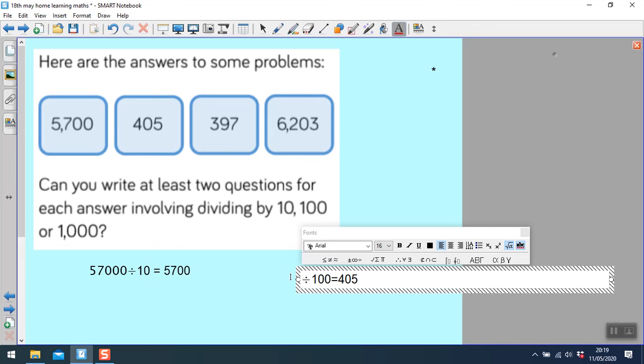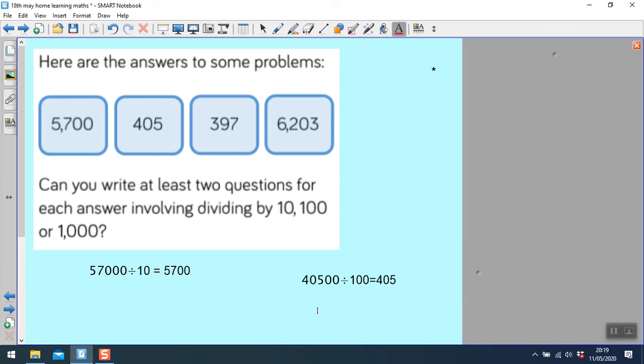So to get my original number, I've got to do my inverse. 405 times by 100. So moving it 2 places to the left. 40,500 divided by 100 equals 405. Now you have a go. We want at least 2 questions for each answer and trying to involve dividing by 10, dividing by 100 and dividing by 1,000. Pause the video while you do this.